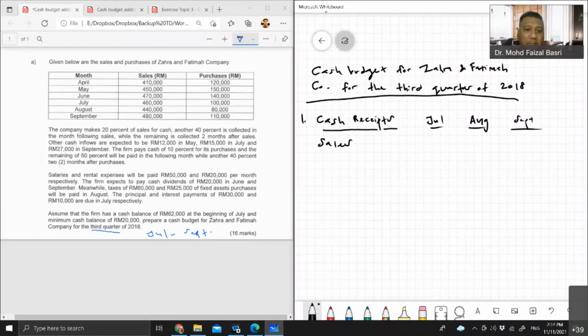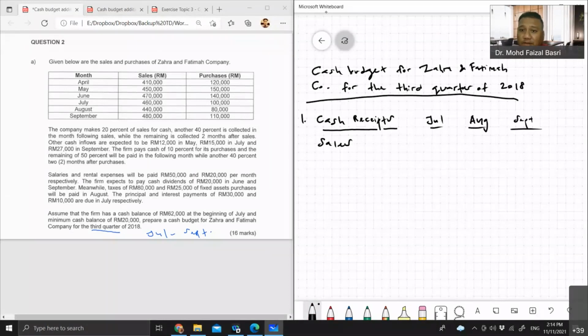Notice that the information is all in thousands. So yes, you can put it in full. You put here that sales for July is supposed to be 460,000. But for me it's rather long to write in full. In order to shorten the space you use on your paper, you can put additional information in your title.